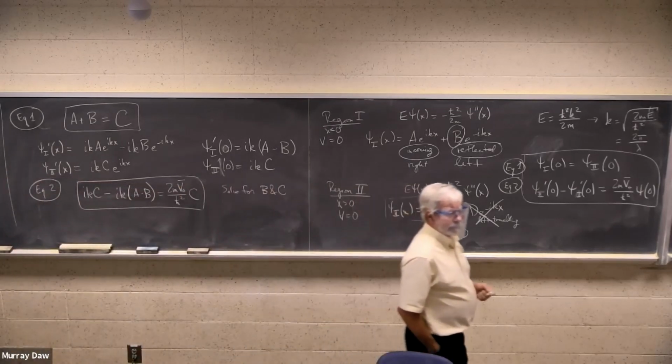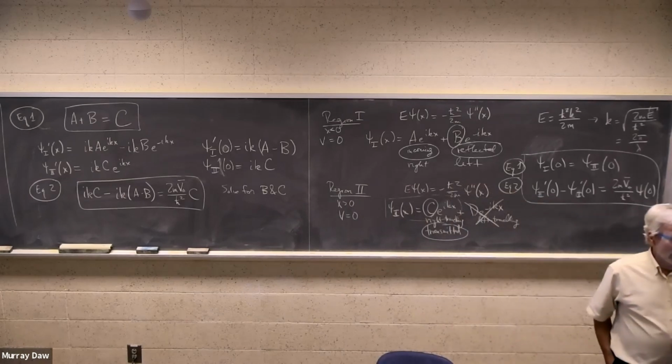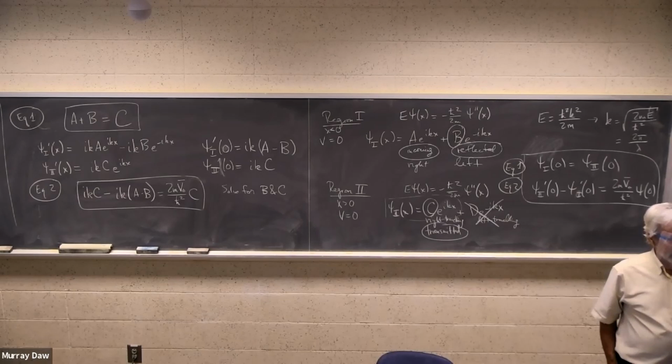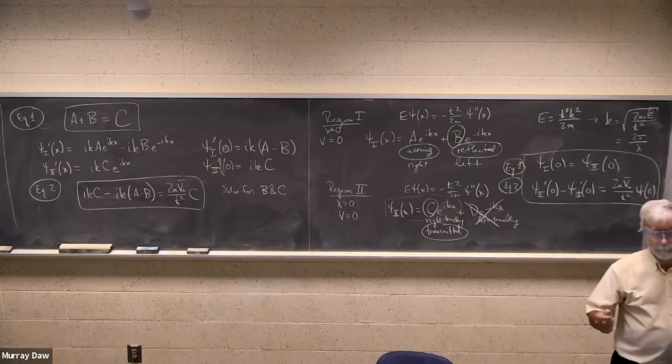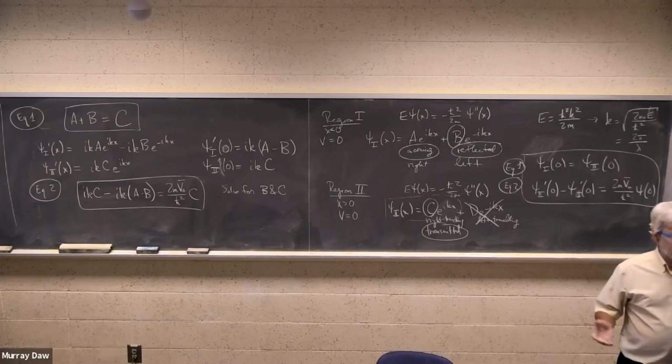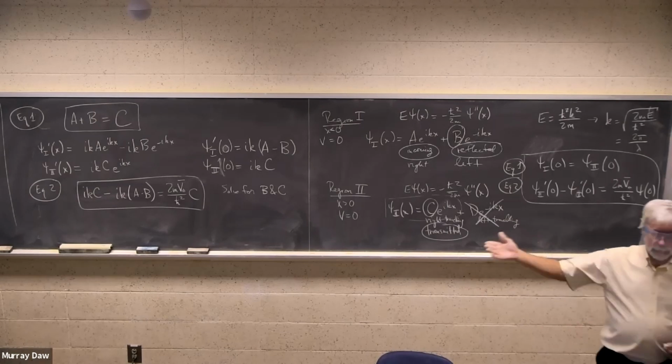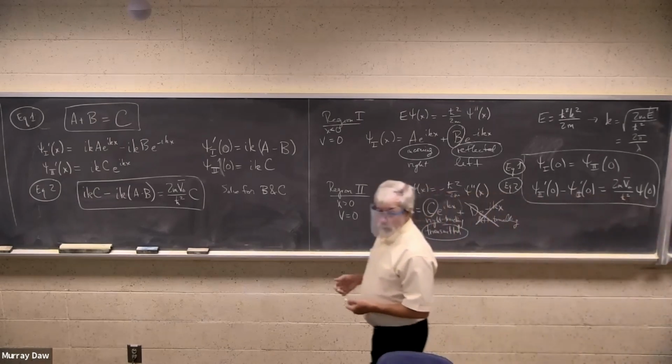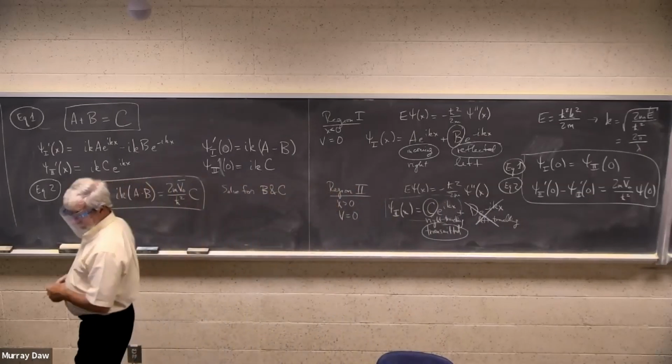Yeah, it's going to be proportional to what's coming in. What makes it out is proportional to what comes in. What goes out is either reflected or transmitted. But it all starts as A coming in, so it's all going to be proportional to A.